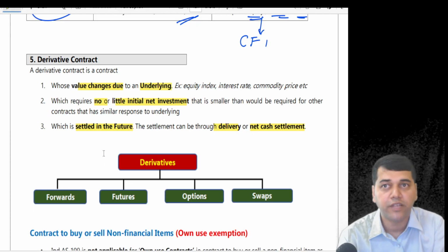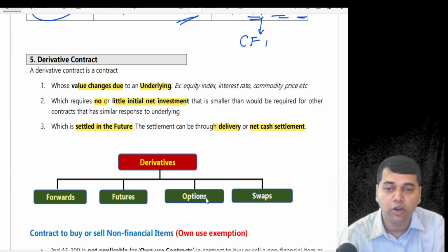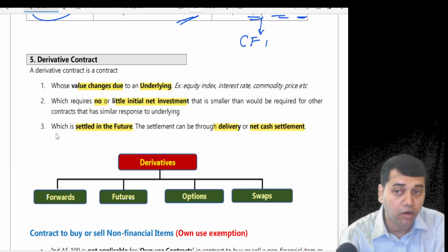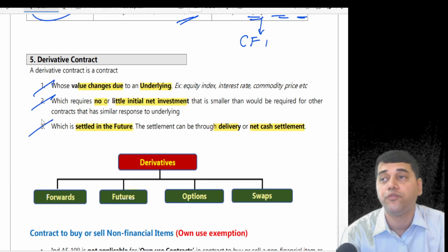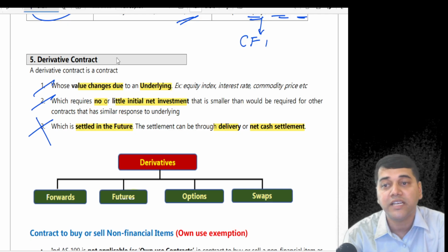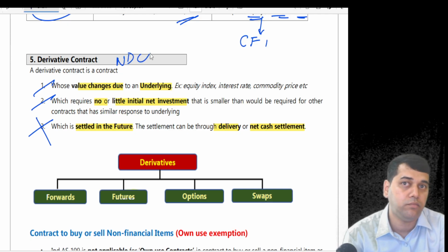There are four types of derivatives: forwards, futures, options, swaps. So if you want to call any instrument a derivative instrument, all three conditions have to be fulfilled. If any one of the conditions is not fulfilled, then you call it a non-derivative contract.